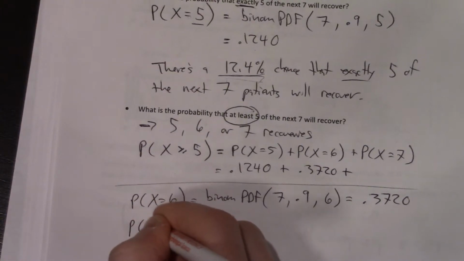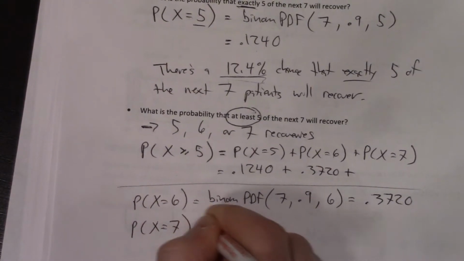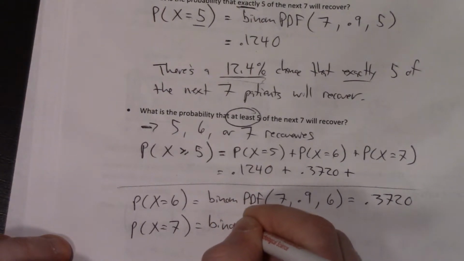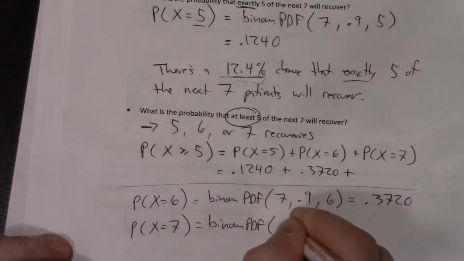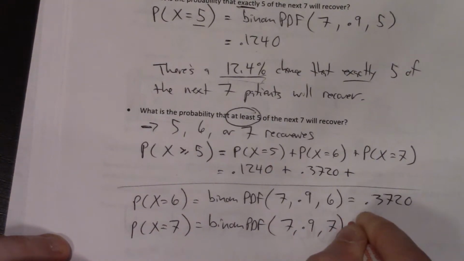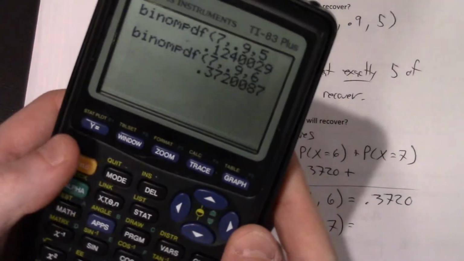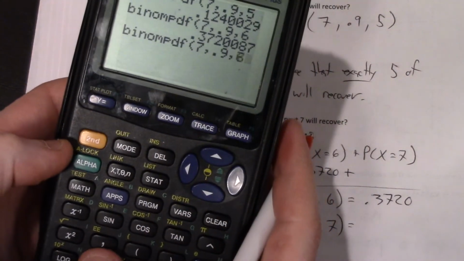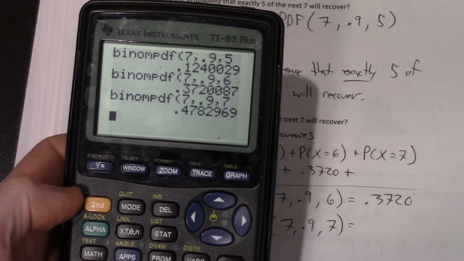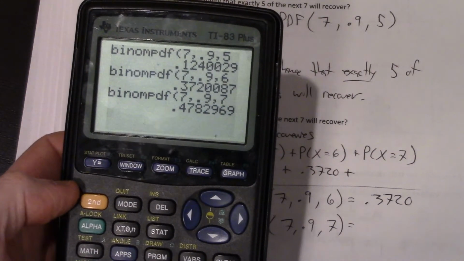So the last one, the probability that we get 7 successes, again, we'll use binomial PDF. 7 trials, 90% chance of success, but now 7 successes. And you should get 0.4783, we'll call it.